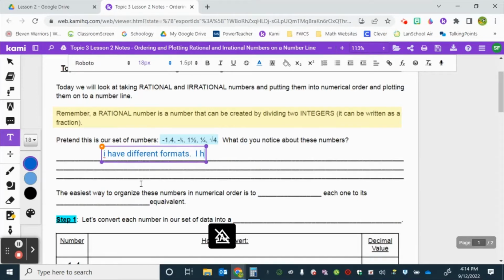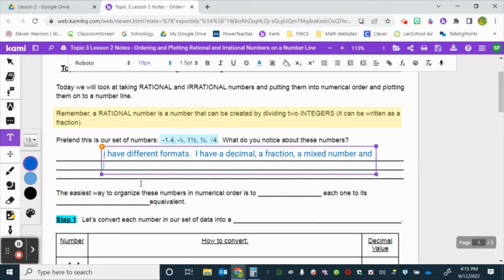I have a decimal, negative 1.4 is a decimal number. I have a fraction. Negative 3/5 and 1/4 are both fractions. I have a mixed number, 1 1/2 is a mixed number, and I have a square root number.